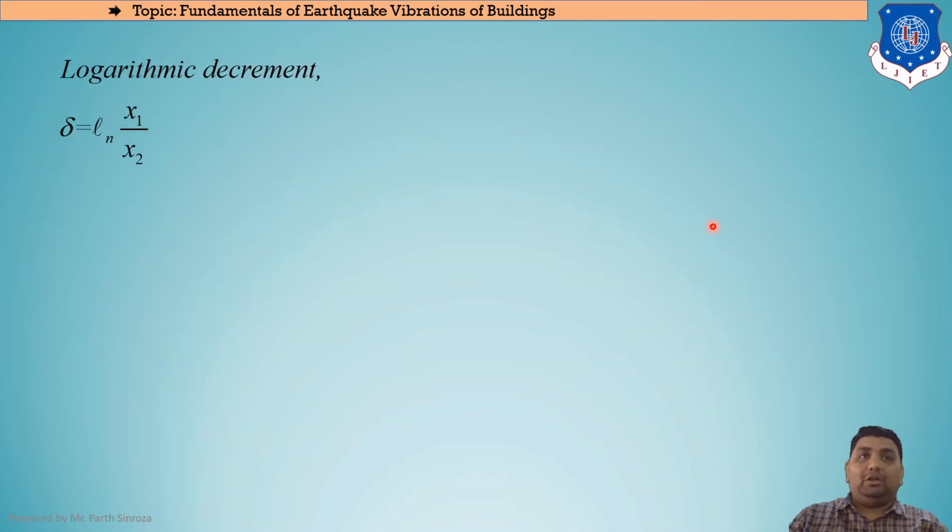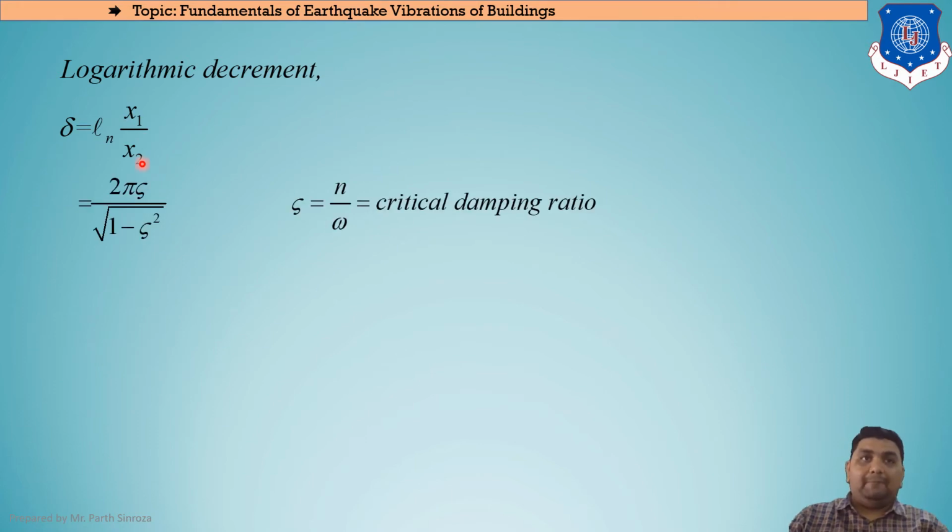Further moving on, the logarithmic decrement can be expressed in mathematical form as delta. Delta is the logarithmic decrement. It is the natural log, that is ln, of two successive amplitudes, x1 and x2, just as we saw in the figure itself. Now as we move across, this can also be written as 2 pi zeta upon root of 1 minus zeta square.